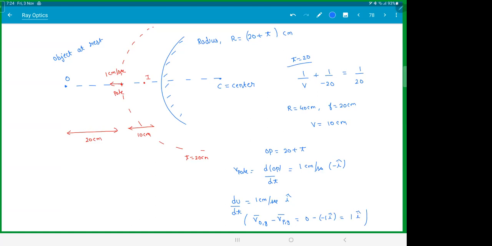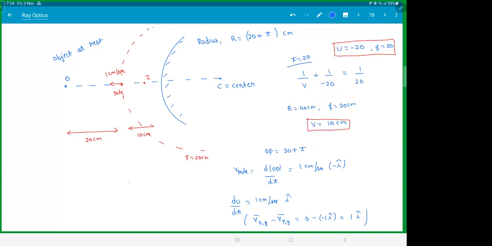So you have all the data here. The value of u is minus 20, the value of f is 20, and the value of v is 10. You need all these data points. You need this. You need this. You need this. What else do I need?